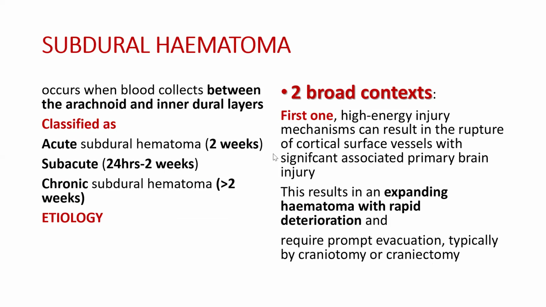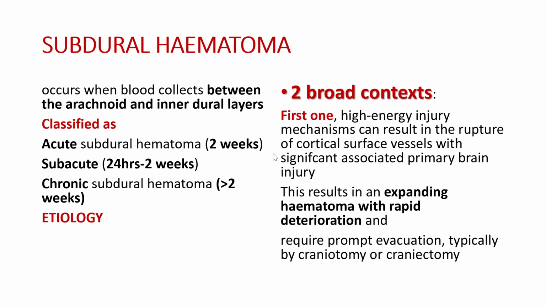So now we want to focus on the subdural hematoma. The subdural hematoma occurs when blood collects between the arachnoid and the inner dural layers. So remember, the other one was above the dura. Now this one is below the dura, between the dura and the arachnoid.